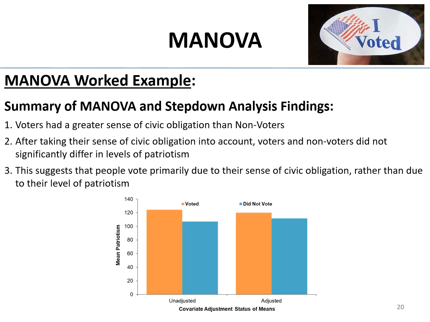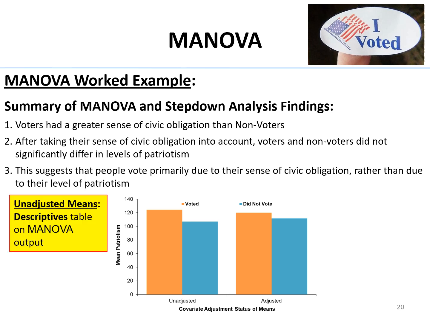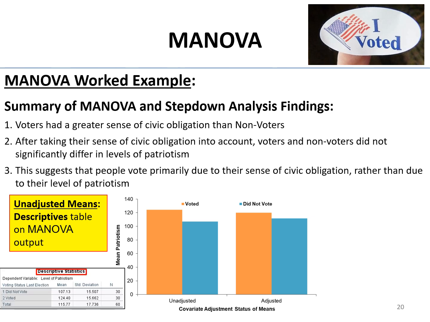And here are the means for patriotism. You've got your unadjusted or crude and your adjusted means. There's a plot that goes into your APA write-up. The unadjusted means come from the descriptives table of the MANOVA, and that's also where you'll pick up your primary DV means, sense of civic obligation in this example, and that's what it looks like.